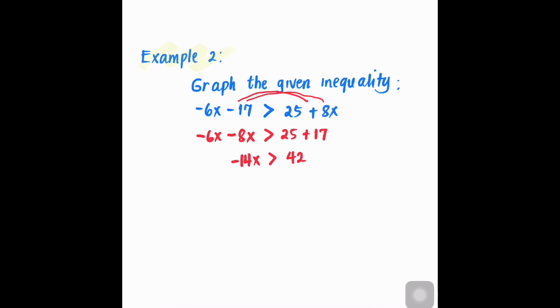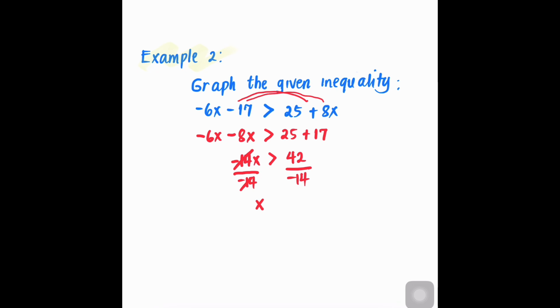In order for us to find the value of x, we need to divide both sides by negative 14. Then this becomes 1, then x. Now, since we divided by a negative number, the rule for inequality is whenever you multiply or divide by a negative number, the symbol of inequality switches to the opposite.